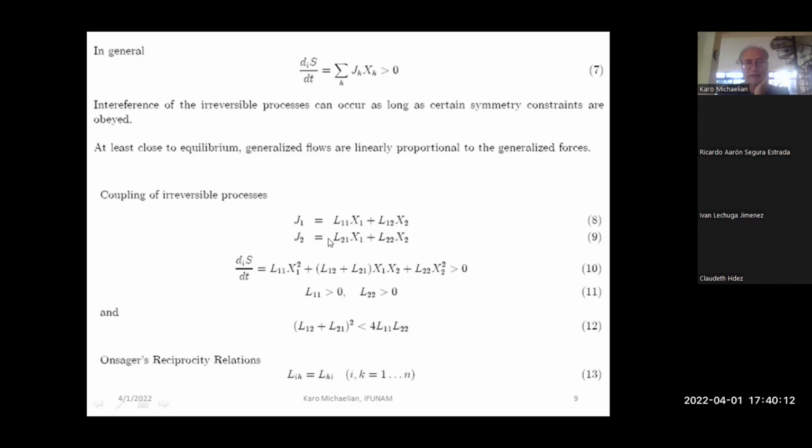The flow for the second process is just equal to these Onsager coupling constants times the force of irreversible process 1 plus another coupling constant times the force of irreversible process 2. And so now if we write the production of entropy using these values here and then multiplying by the forces, then we get an equation of this form.